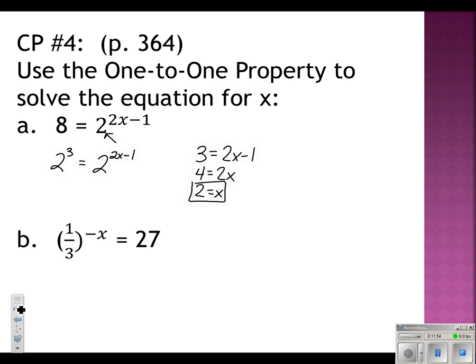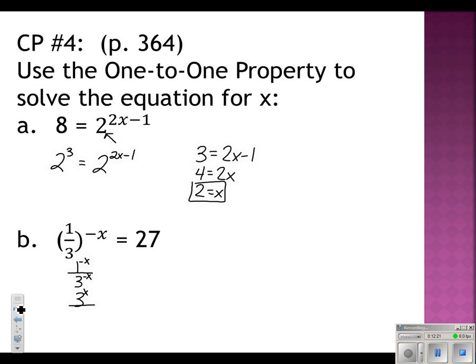Letter B, if I have 1/3 raised to the negative x power, that's the same as saying 1 to the negative x over 3 to the negative x. Both of those numbers had that power outside the parenthesis, so it can be rewritten like I have. Now, to get rid of the negative in both of those exponents, you use the reciprocal concept.